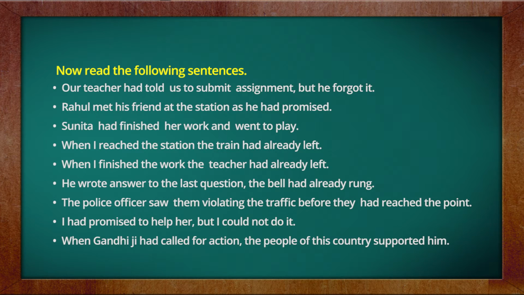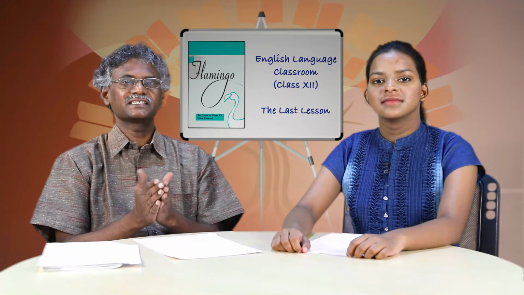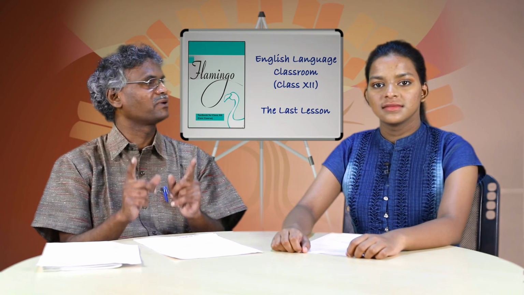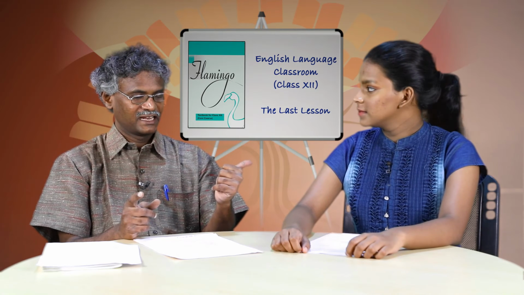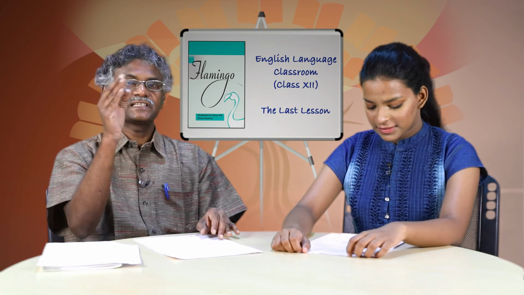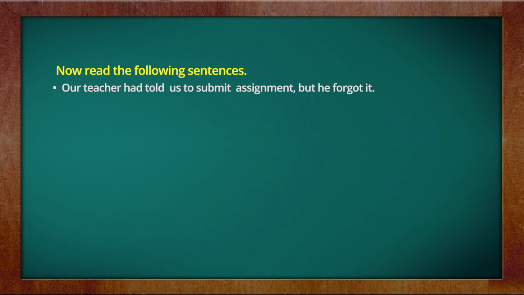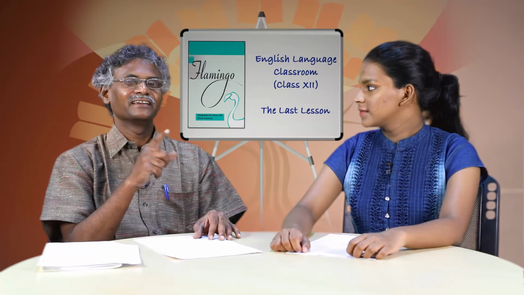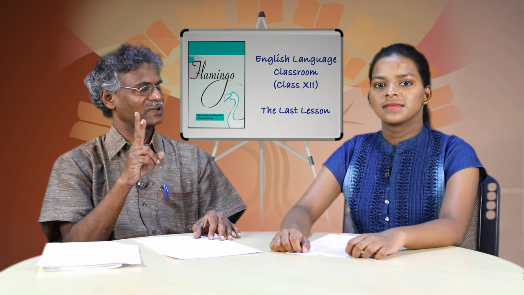Fine. We have seen some sentences in which there are 2 actions in the past. Devyani, let me ask you the first sentence. Our teacher had told us to submit assignments, but he forgot it. Teacher asked something and he forgot it. There are 2 actions.